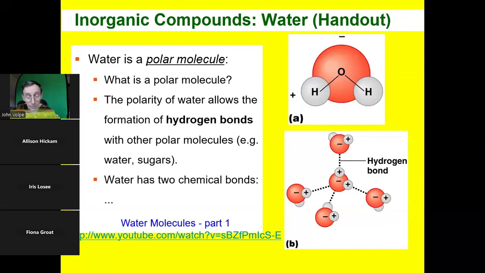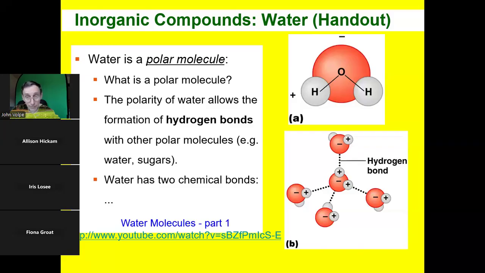Now, let me remind you that water has two chemical bonds. It has the hydrogen bonds between individual water molecules. And in liquid water, the hydrogen bond breaks and reforms all the time. In ice, the hydrogen bond does not break. And then in gaseous water, the hydrogen bond does not form.